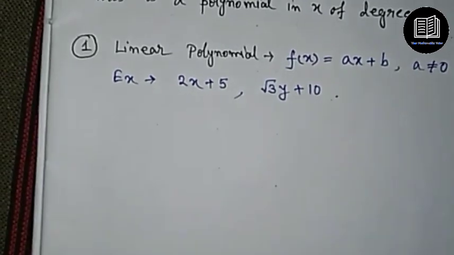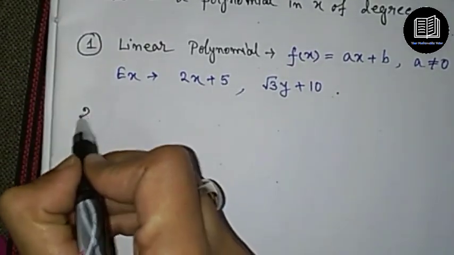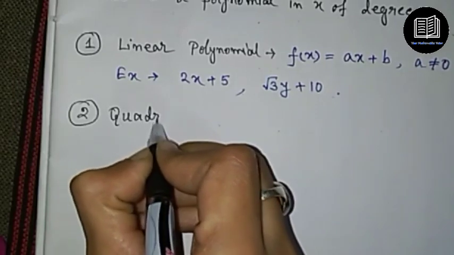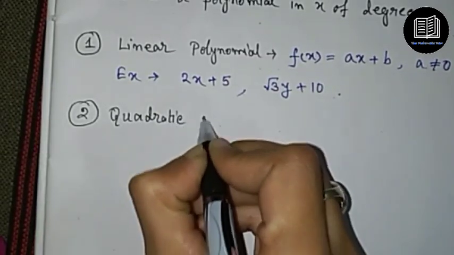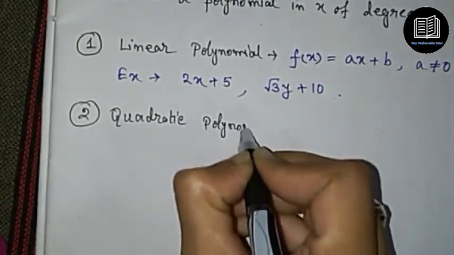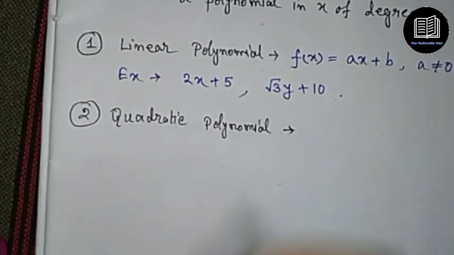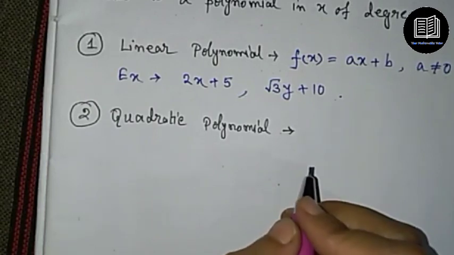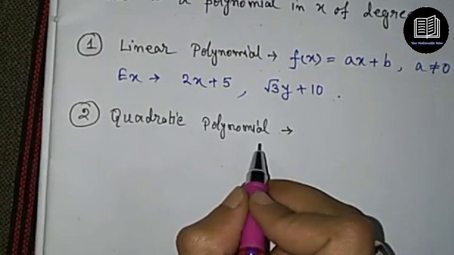Okay. Next, number 2. Quadratic polynomial. What is quadratic polynomial? The polynomial of degree 2 is called quadratic polynomial.